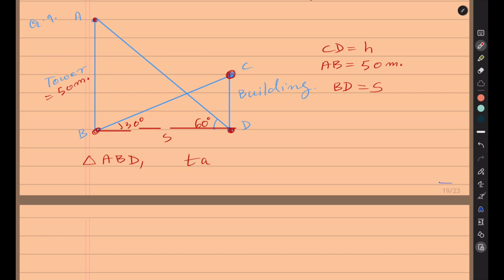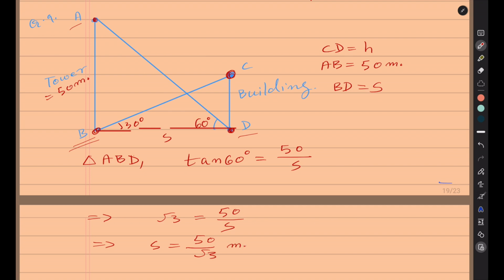Here, as usual, we can apply tan 60 degrees, which will be equal to 50 divided by S. Do you agree? That is AB divided by BD. And that is, root 3 is equal to 50 by S, and that gives us S equal to 50 divided by root 3 meters.